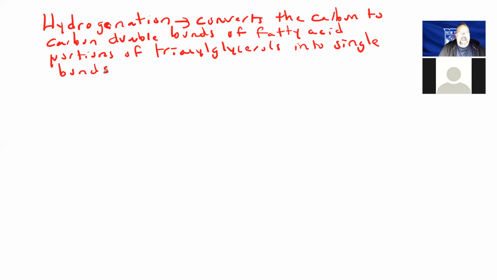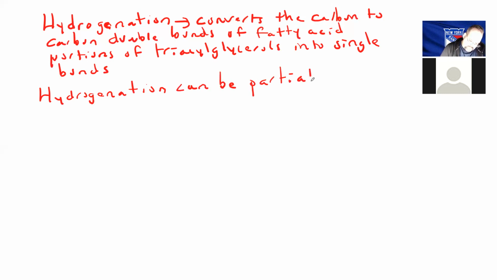Okay. Now, essentially, the hydrogenation can be partial, or it could be complete. So in other words, when the hydrogenation is partial, that means that not all of the carbon to carbon double bonds are converted into carbon to carbon single bonds.